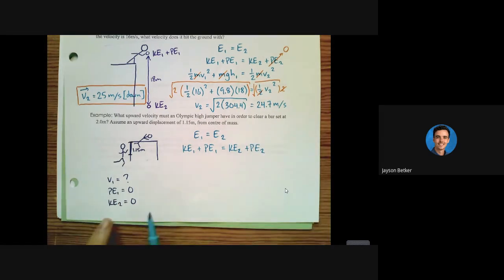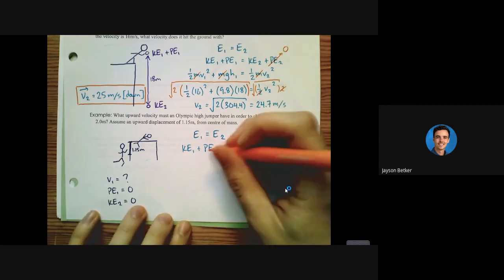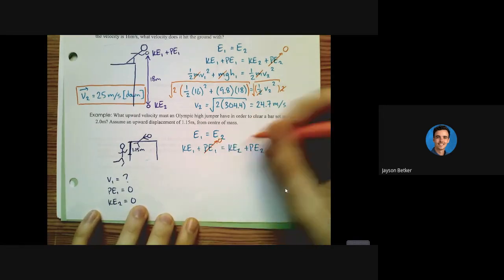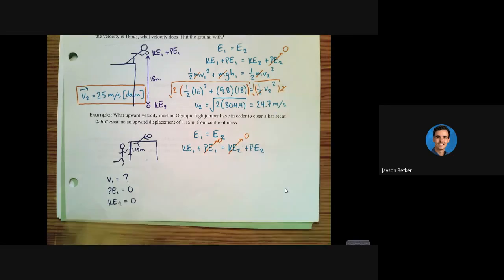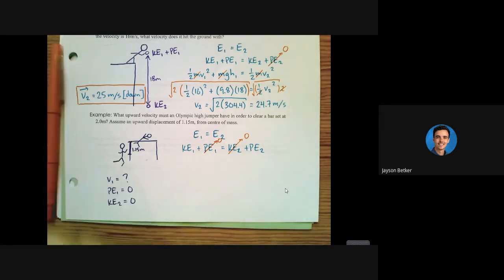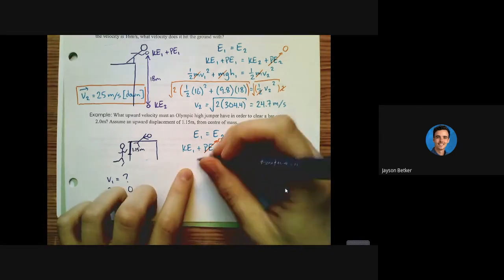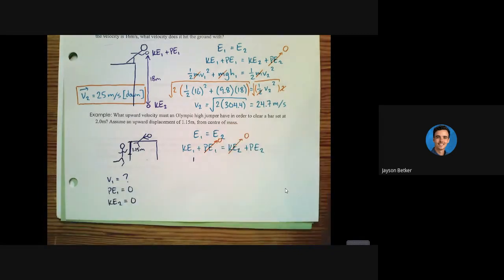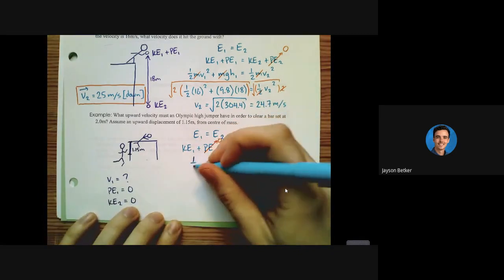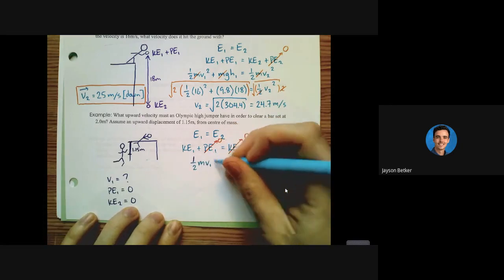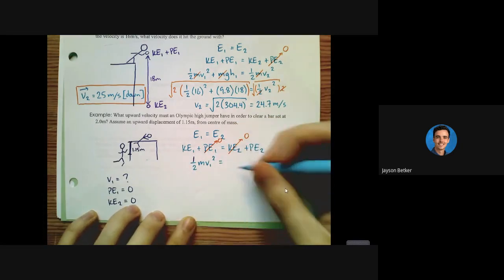But we just said PE1 is equal to 0, no initial height, and KE2 is equal to 0, no final velocity. So now we have a lot more straightforward setup. We have 1/2 mv1 squared is equal to mgh.